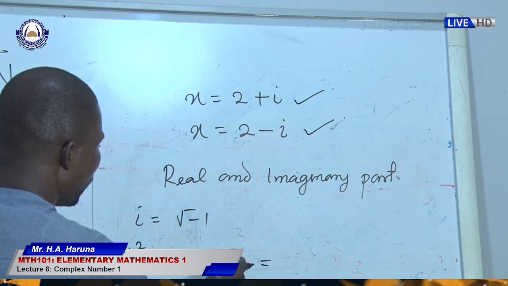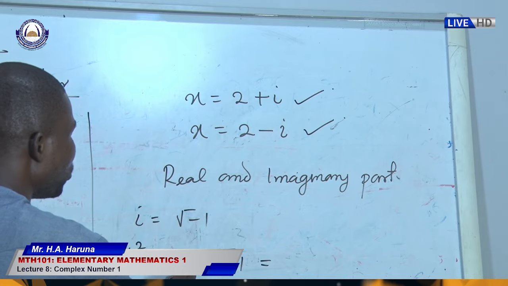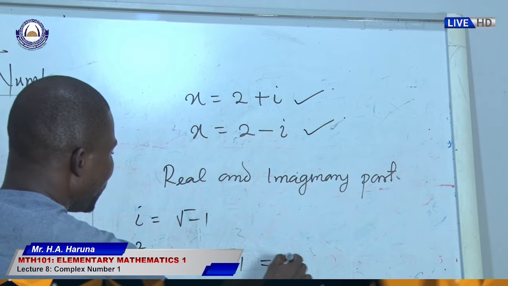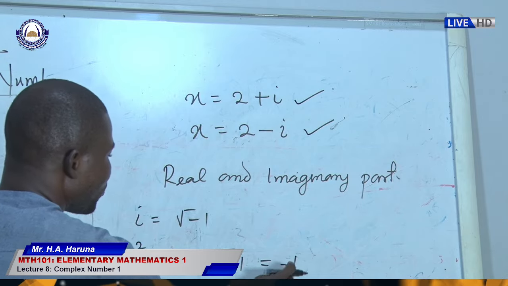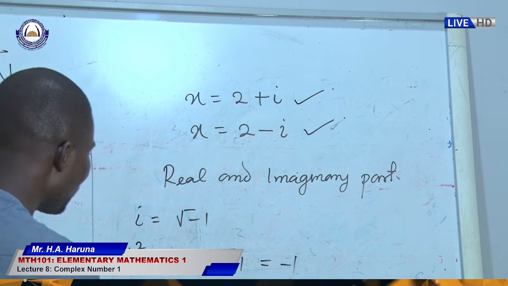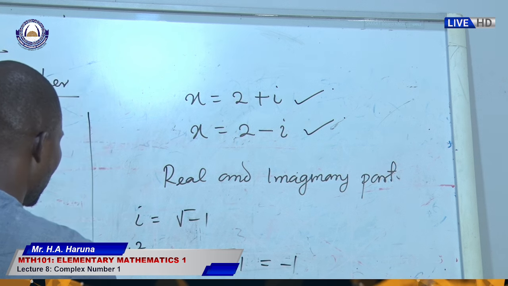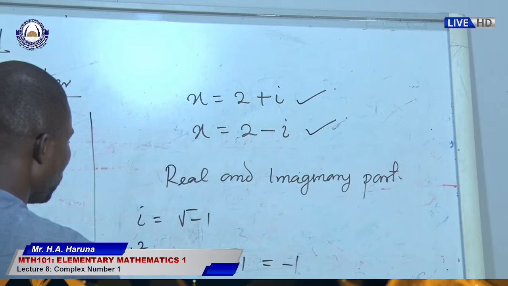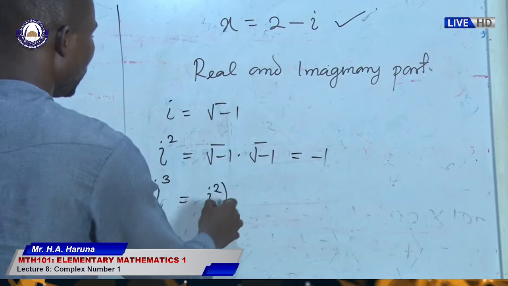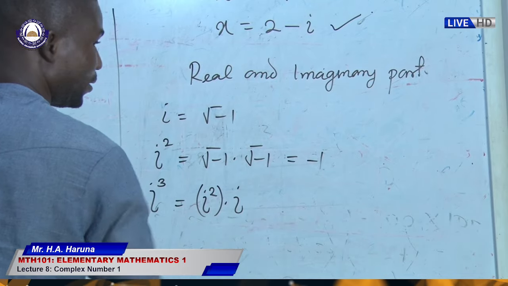Hence, when you multiply root minus 1 and root minus 1, the answer is minus 1. We agree with this? So you can say, okay, i cubed is equal to i squared times i.